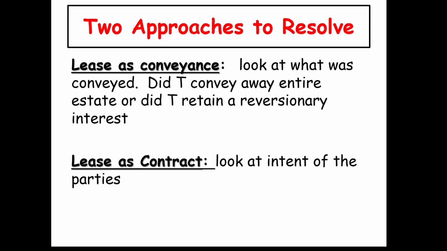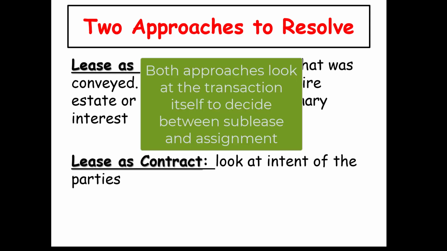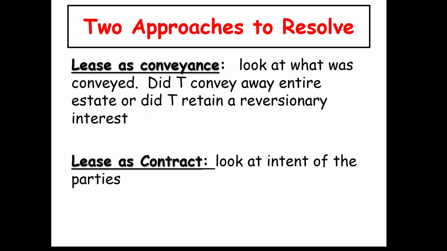Did the tenant convey away their entire estate, or did they retain some reversionary interest? We also can look at, if we treat the lease as a contract, that brings in contract ideas about looking at the intent of the parties. So when the language is ambiguous because the agreement says the tenant hereby subleases and assigns, these are two different analytical tools we can use to figure out whether it was a sublease or an assignment.